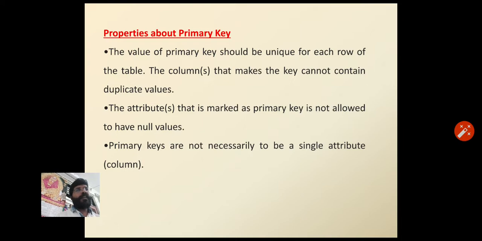Primary keys are not necessarily a single attribute; more than one attribute can be combined to form a primary key. That means primary keys are not necessarily a single attribute.